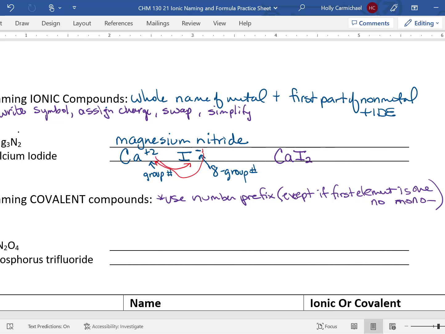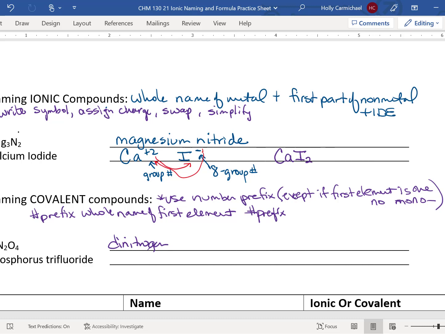Like N2O4. What do I use for N? Okay, so by that, I know that I have to use the whole name of the first element, then another number prefix.